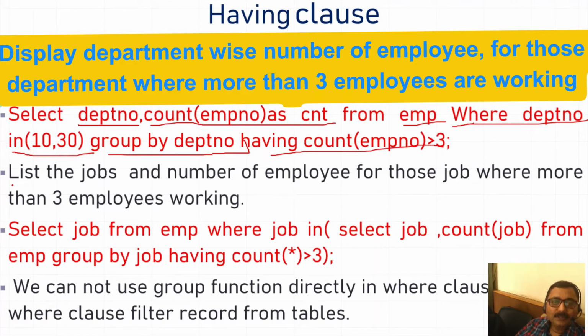Then the next problem can come like this: list the job and number of employees working for those jobs where more than 3 employees are working.